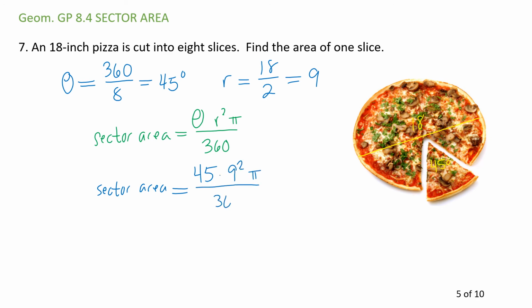All over 360. That should be the area in square inches of one piece of pizza. So 45 times 9 squared. That is 81/8 pi. Again, that's not very useful. So get the decimal approximation. And you get 31.8.